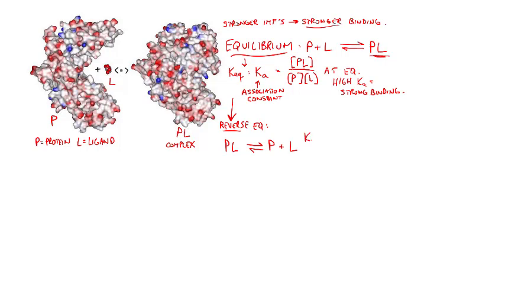The equilibrium constant for this equilibrium we're going to call Kd, also called the dissociation constant. Kd is equal to the concentration of protein times the concentration of ligand over the complex concentration at equilibrium.